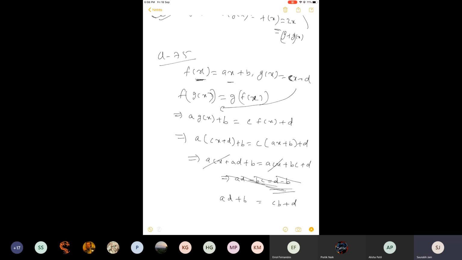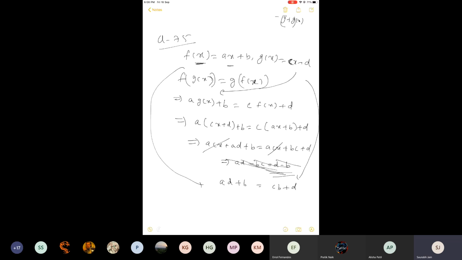Though they have some connection with these equations, ad plus b is actually fd, and cb plus d is actually gb.